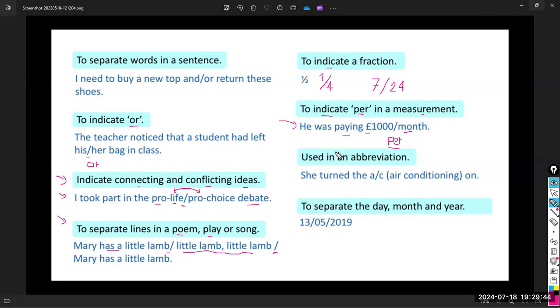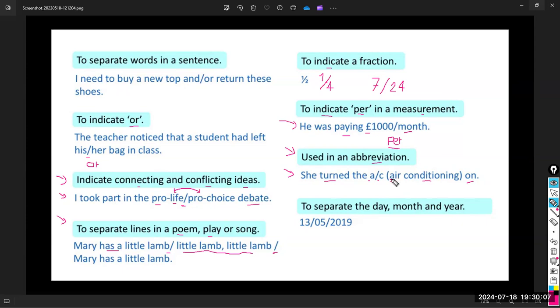Okay. Now, the next usage is about abbreviation. Let's take a look at this example. This example is saying she turned the A slash C on, which means air conditioning. So this is the abbreviation.